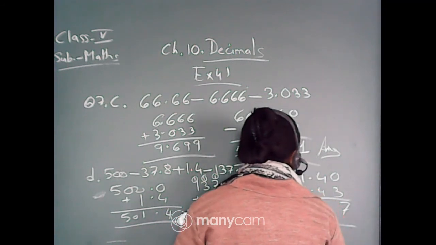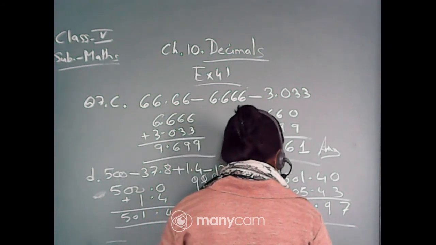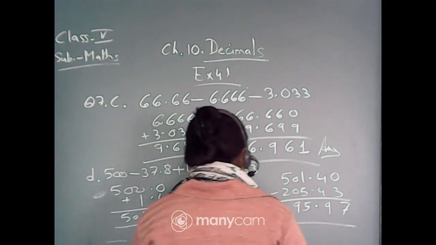Now subtract this number. 7, 9, carry 1, 5, 6, 7, 8, 9, 10 and 11. That means 5, 1, that means 9.